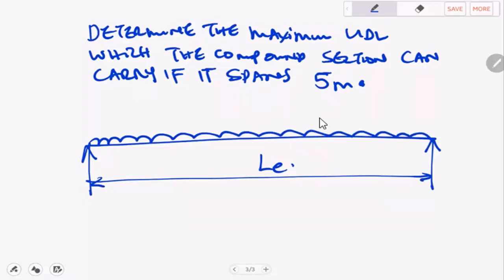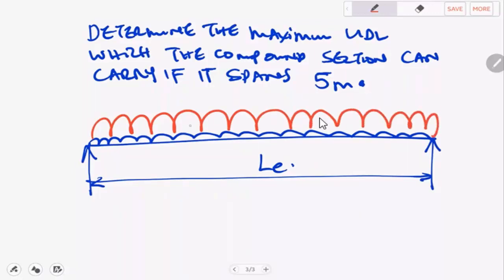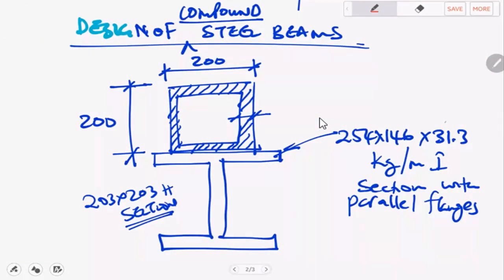Right? Then on top of this self-weight, we want to find out what is the live load which can be carried by this beam. So this is the question. What is the maximum live load which can be carried by this beam if you are given a span of, let's say, 5 meters, right? And this particular beam is a compound beam. A compound beam simply means a beam in which one section is placed on top of the other, right?